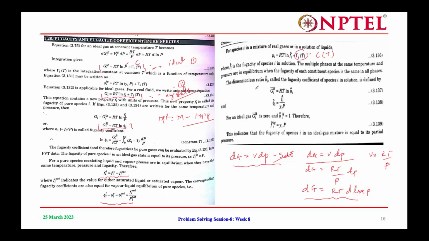So Gi bar equal to RT ln phi i bar. This is the fugacity coefficient, so the fugacity coefficient is fi bar over the partial pressure, right?